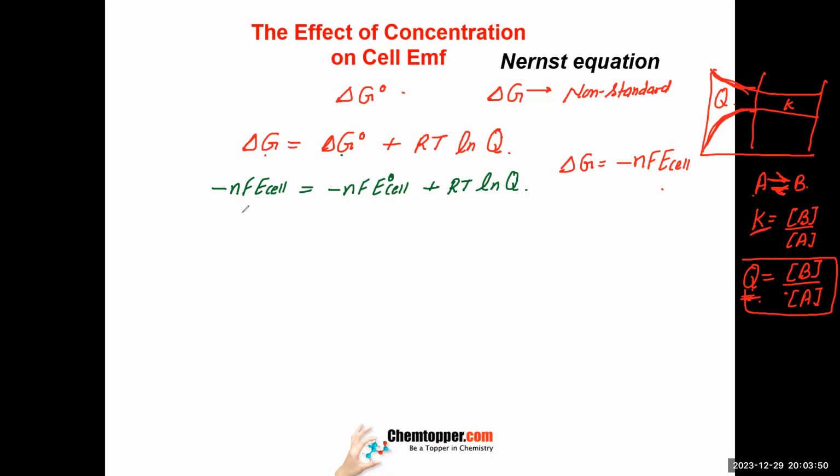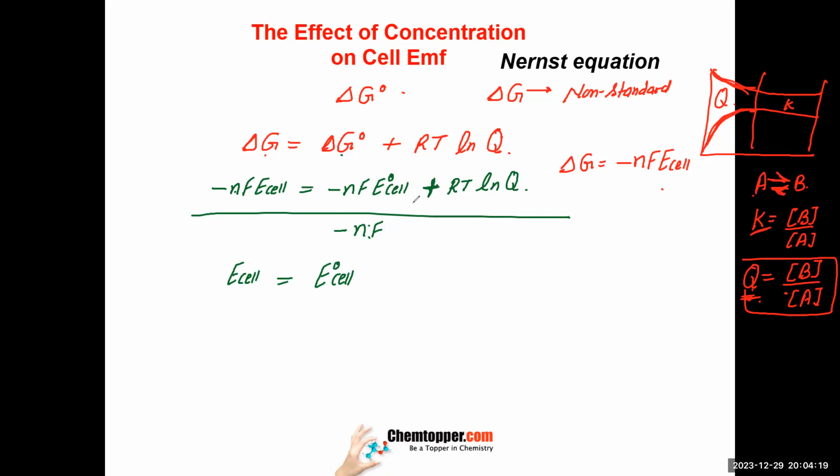Now do one thing. Divide the whole equation by minus NF. Now this minus NF cancelled. This one is also cancelled. Am I right? So how the equation will appear? These two cancelled, E cell is, these two cancelled, E naught cell.